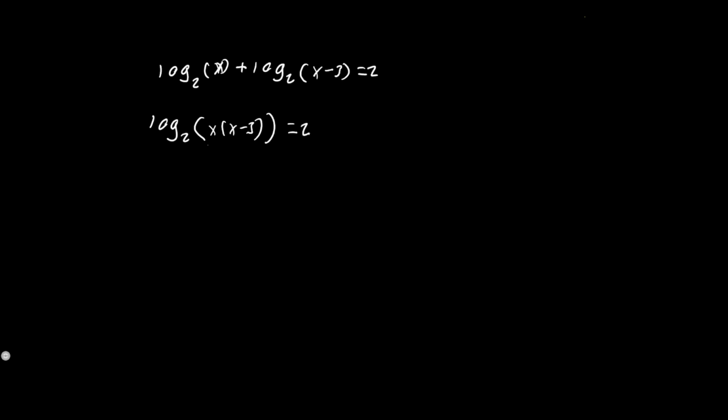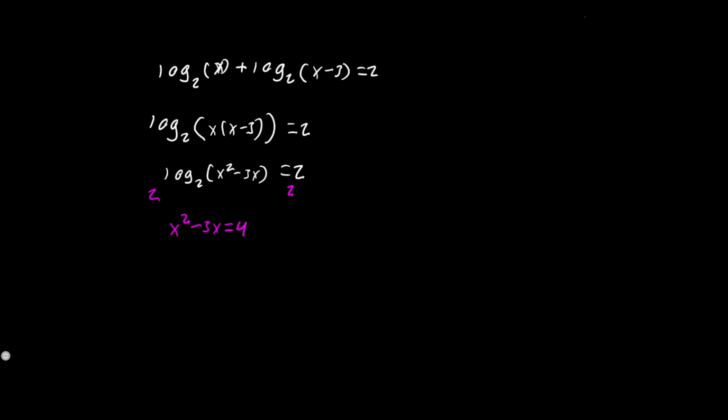And simplifying the inside, we get log base 2 of x squared minus 3x equals 2. And now to get rid of the log, we simply just have to exponentiate it, which is going to give us x squared minus 3x is equal to 4.